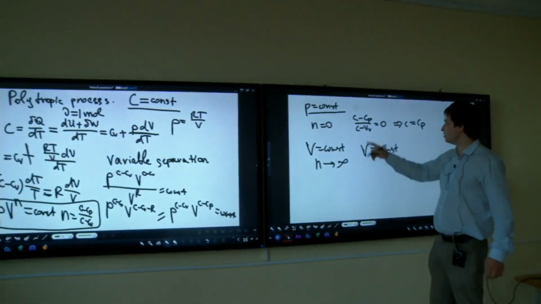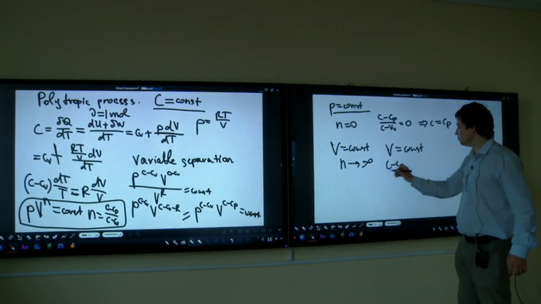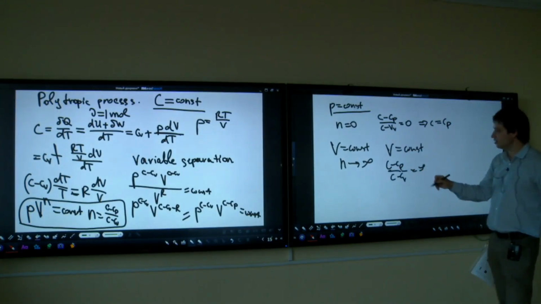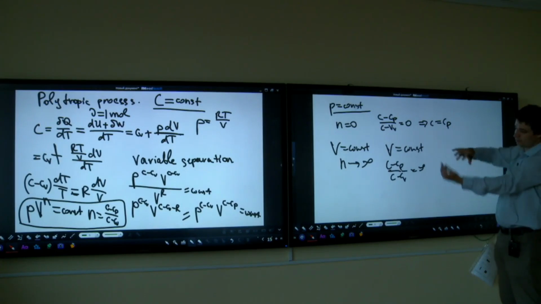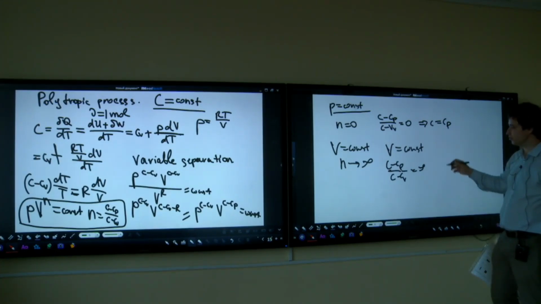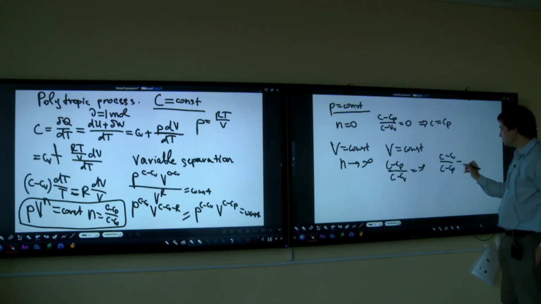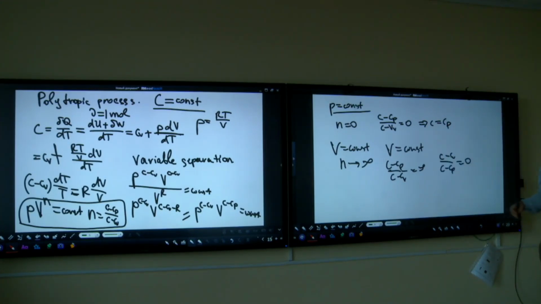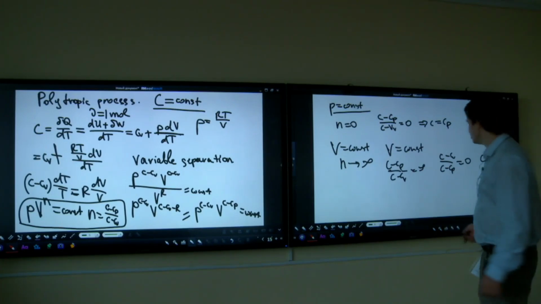Finally, I get that C minus Cp over C minus Cv equals infinity. I can calculate the reciprocal of this value, so C minus Cv over C minus Cp is 0, since 1 over infinity is 0. That gives me C equals Cv, as it should be. Again, the isochoric process is one of the particular examples of the polytropic process, but there are two more examples.